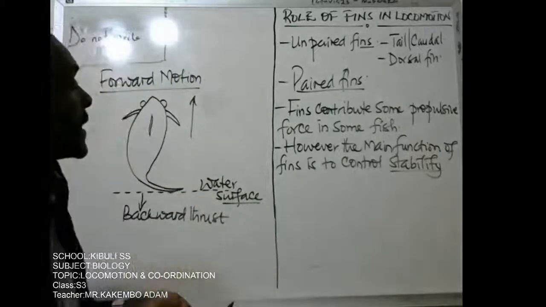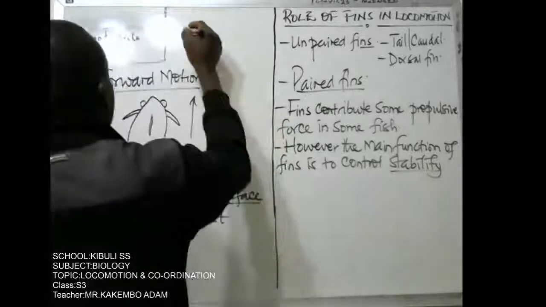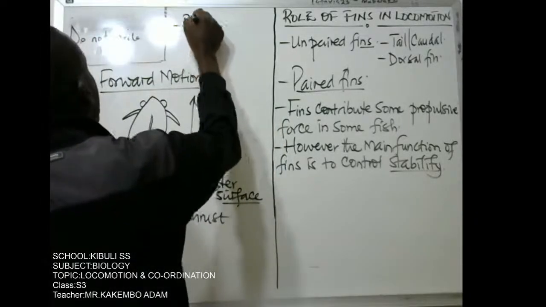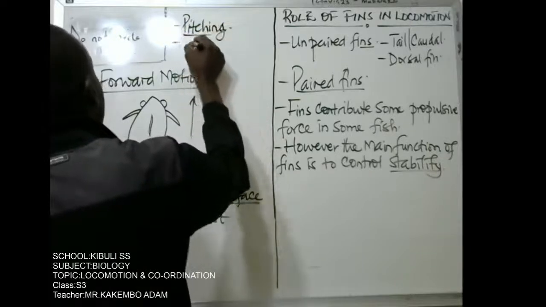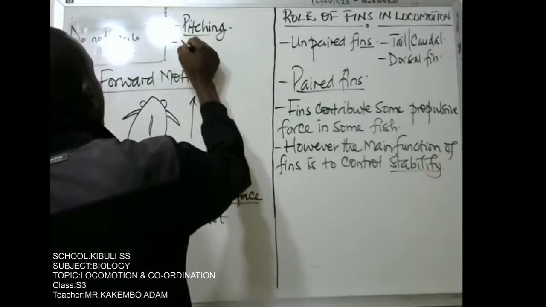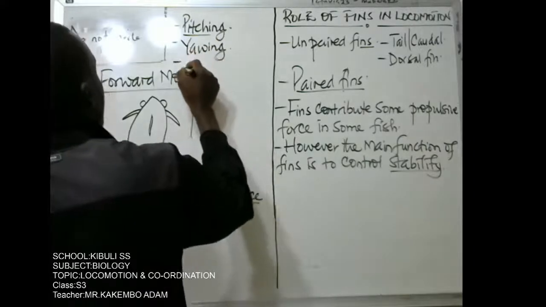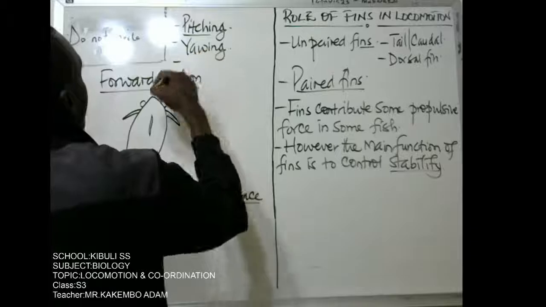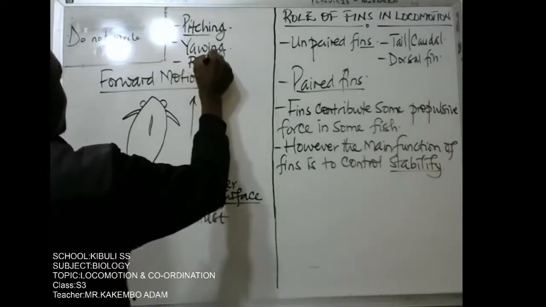Fish encounter a number of instabilities. Some of the instabilities they encounter are pitching and yawing. We shall get to know the meaning of these words. They also encounter an instability we refer to as rolling.